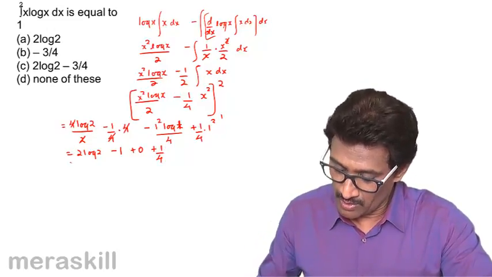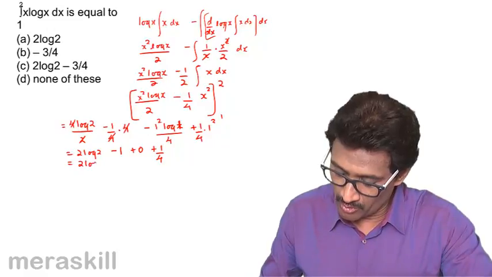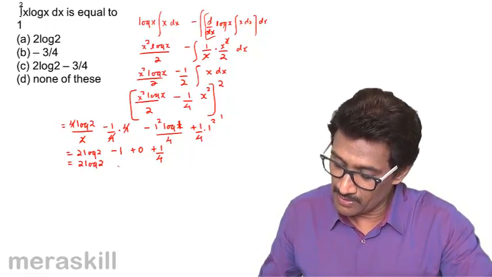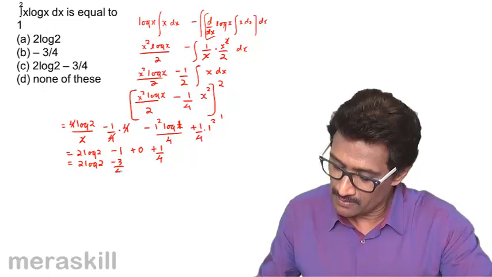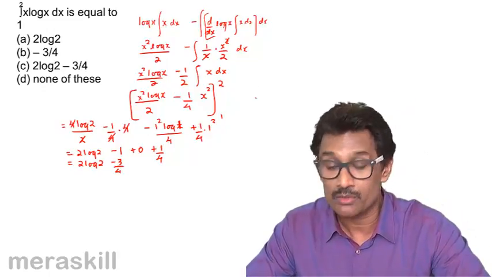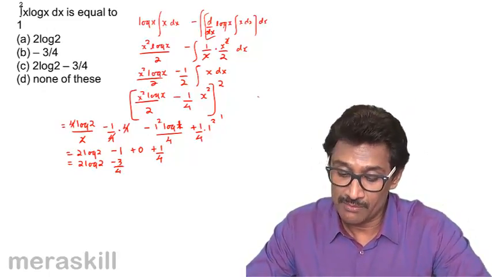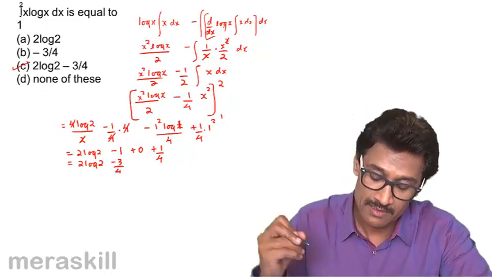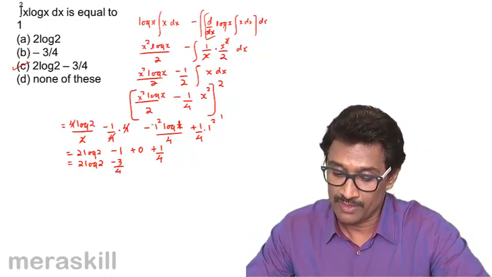So this is now going to be 2 log 2 minus 1 plus 1 by 4 is minus 3 by 4. So it's going to be 2 log 2 minus 3 by 4. So among these, this seems to be the answer over here.